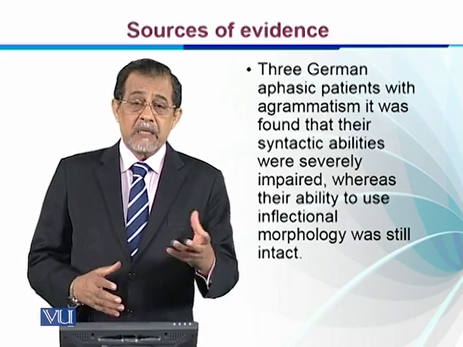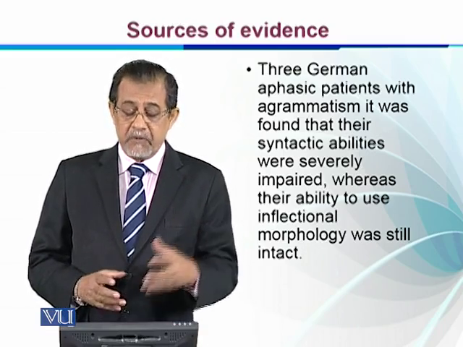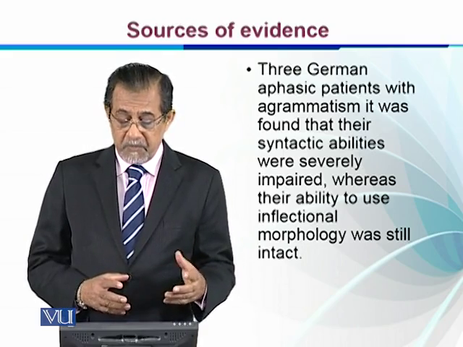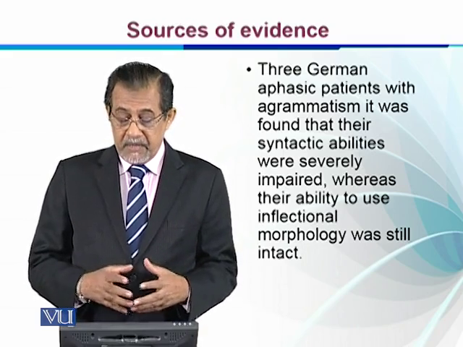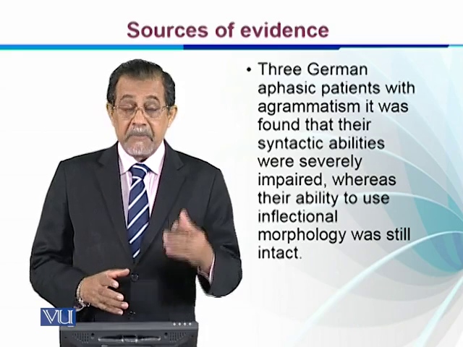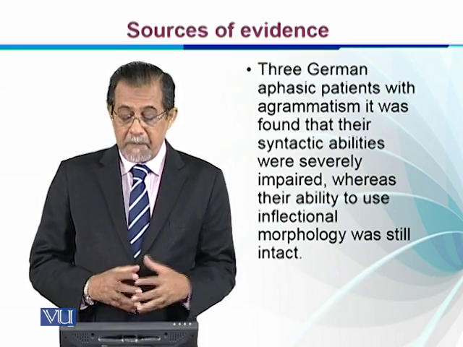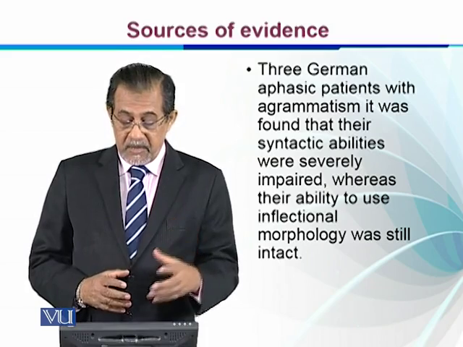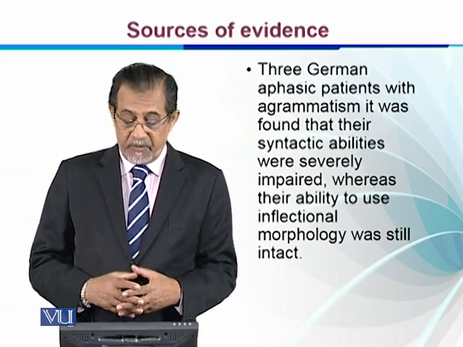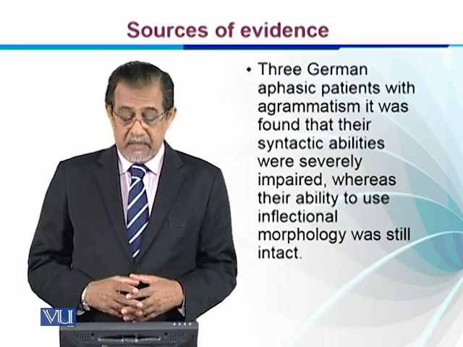In this regard, a similar study was made on 3 German aphasic patients with agrammatism. It was found that their syntactic abilities were severely impaired, whereas their ability to use inflectional morphology was still intact, right?